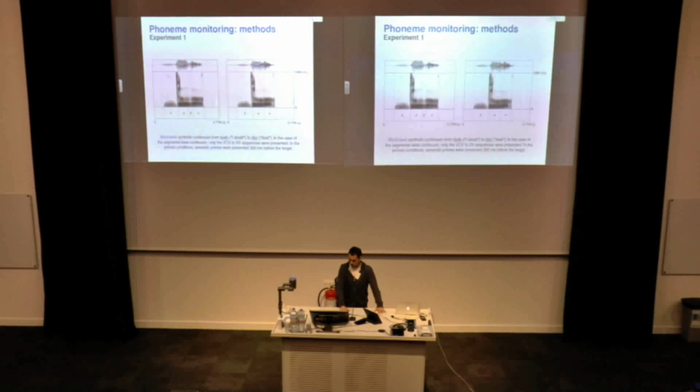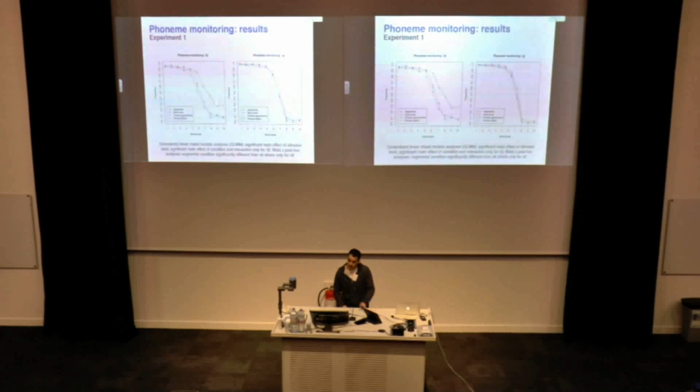This is how the endpoints of a continuum could look. So at the left, you have the consonant present there in the word dudo, and then it's absent in the word duo. And these are different lexical items from different lemmas, and the lexical frequency of the items was controlled as well.